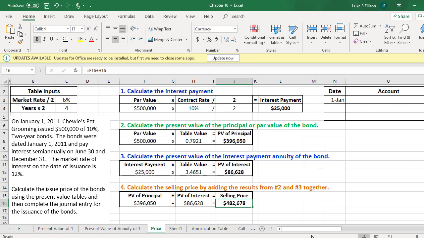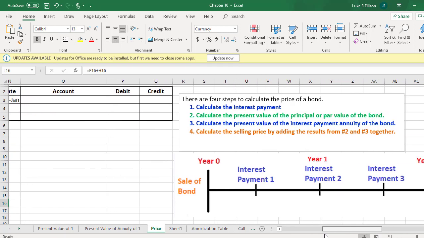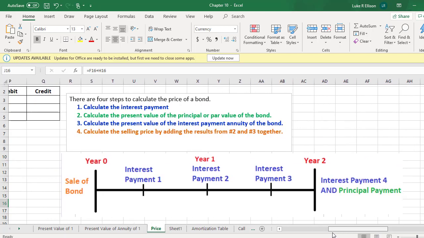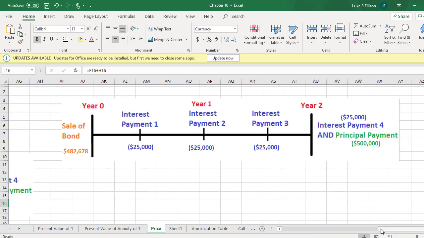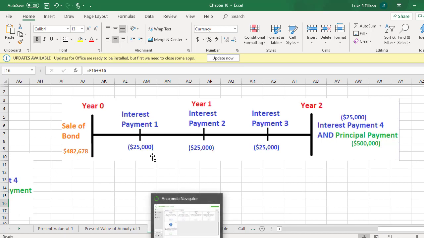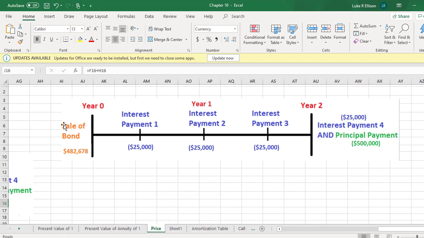Okay, so now what I want to do is I want to show you how all of these numbers show up on this chart that I made earlier, this picture. So I've made another picture over here, and we can see how some of the numbers come into play. So first we have the sale of the bond, which the company was getting $482,678 for.